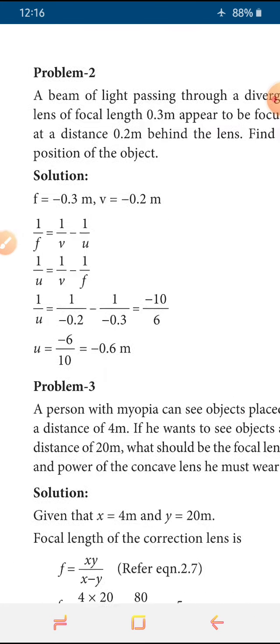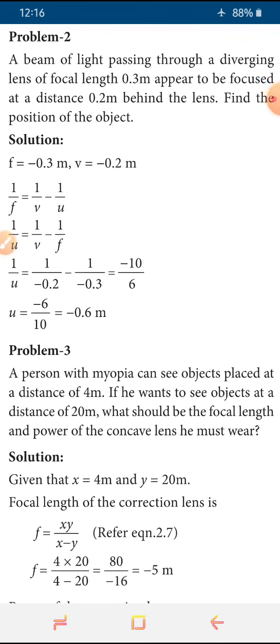Next, problem number 2. A beam of light passing through a diverging lens of focal length 0.3 meter appears to be focused at a distance of 0.2 meter behind the lens. Find the position of the object. Here we are going to find the position of the object. F is given and V is given.